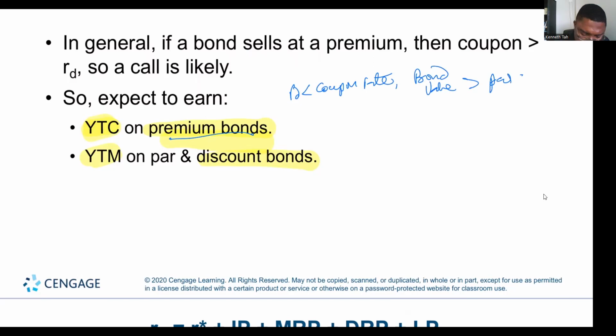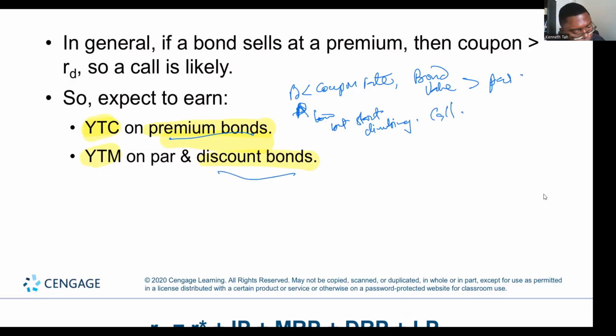So if this is less, it means that rates are low. So you start from a place where rates are low. But these rates start climbing. So if rates start climbing, then the call provision will be exercised. And the reverse is true for a discount bond.